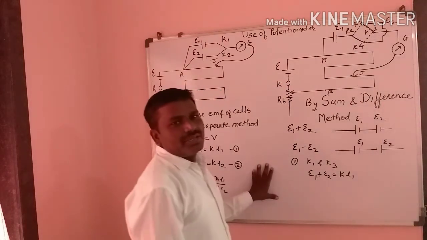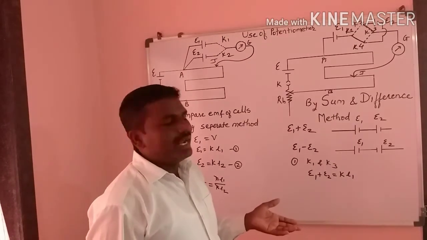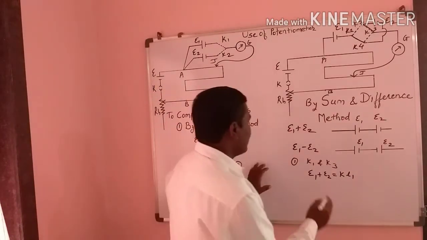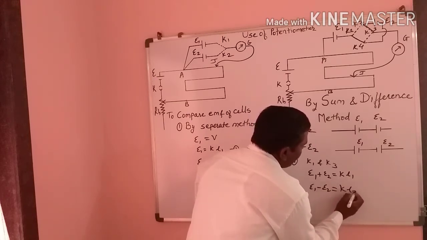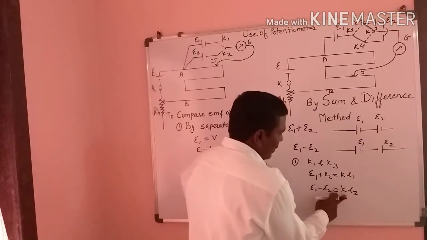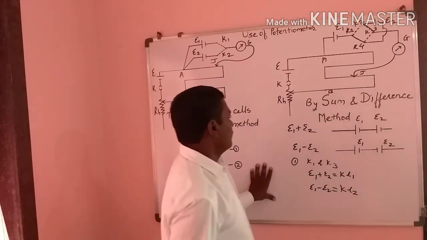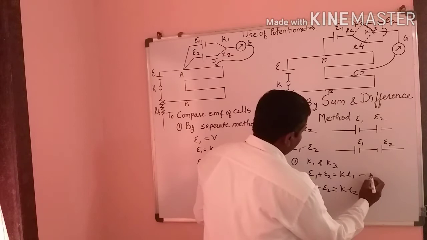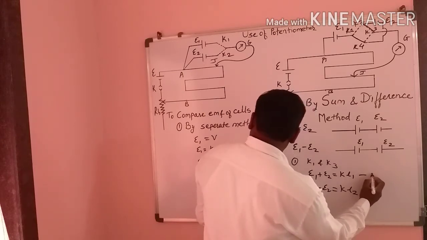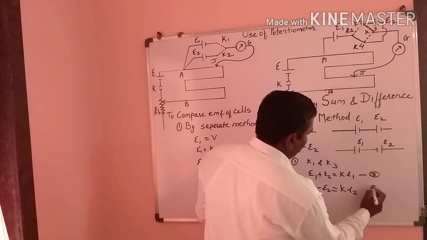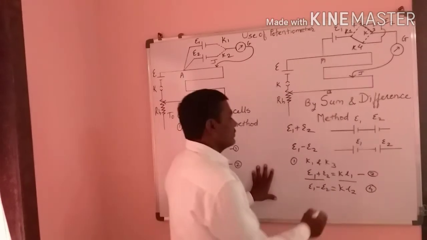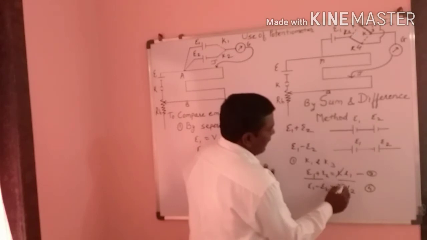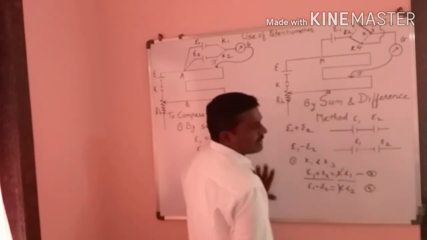That means the EMFs are opposed and there is a difference, given by E1 minus E2 equal to K L2. K is the potential gradient. When we divide these equations, say 3 and 4, the potential gradient is a constant term and they cancel each other.